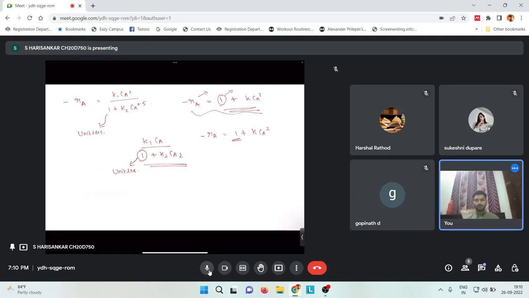Because for two sides to be equated, the units should be the same. This is what you learn in dimensional analysis, I think in transport phenomena as well. For two quantities to be equated, their units have to be the same. That is the concept here.